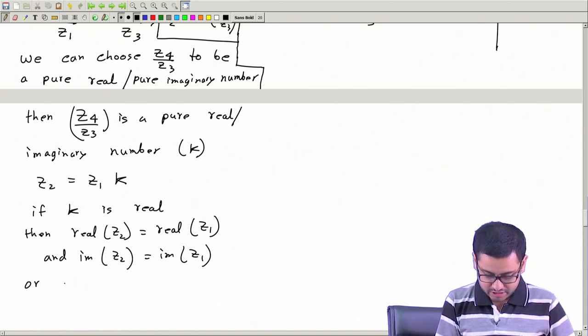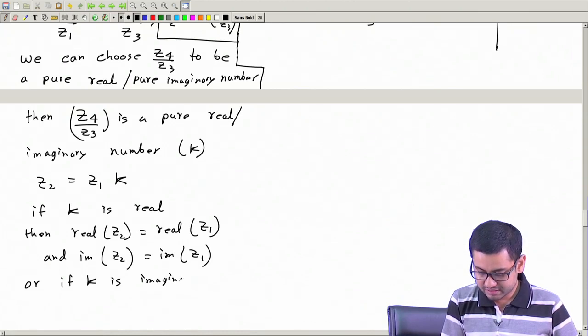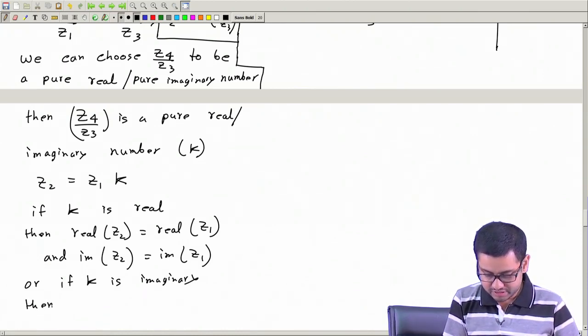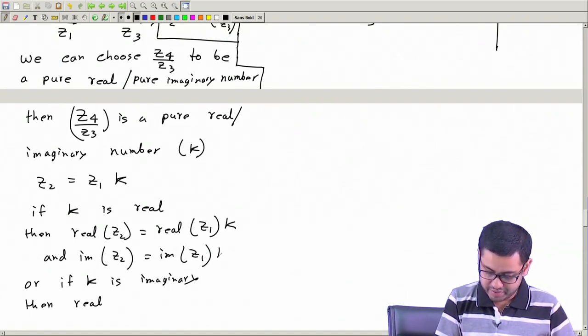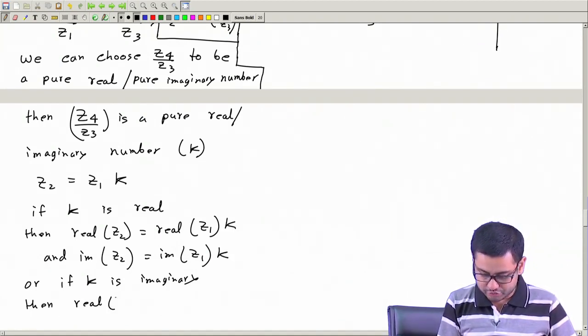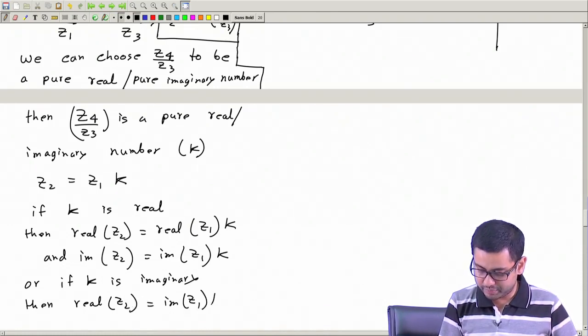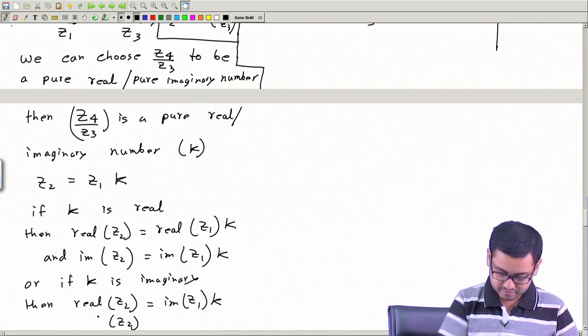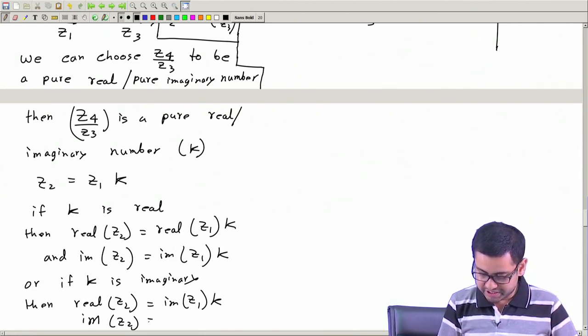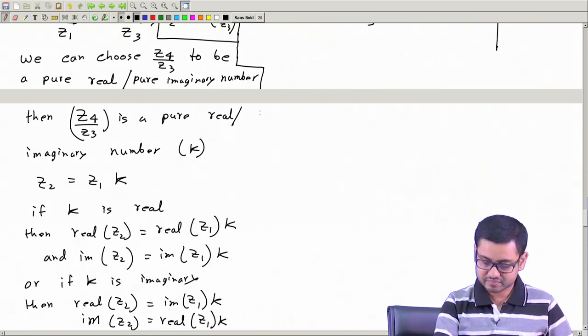Or if k is imaginary, then of course, this multiplied by k, real of Z2 will be imaginary of Z1 multiplied by k, and imaginary of Z2 will be same as real of Z1 multiplied by k.